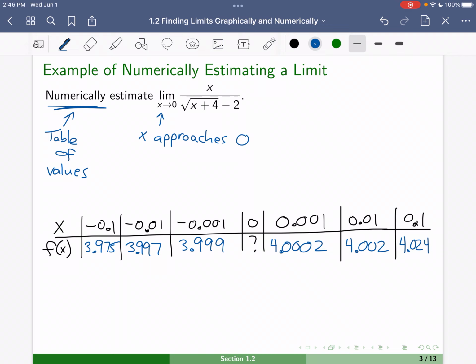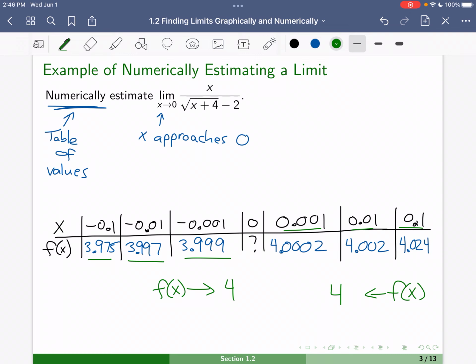So what appears to be happening to our function value f of x as we approach from values of x to the left of 0? Well, it looks like it's going 3.975, 3.997, 3.999. It looks like it's approaching 4. And if we have values of x that are to the right of 0, our function f of x, it looks like it's heading to 4 from this side as well.